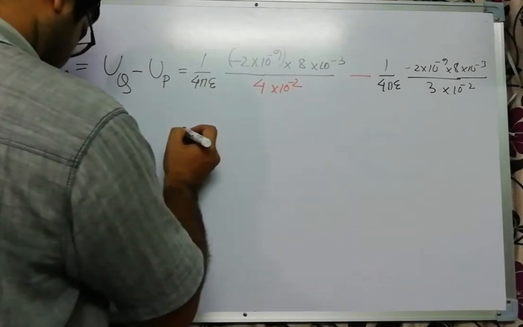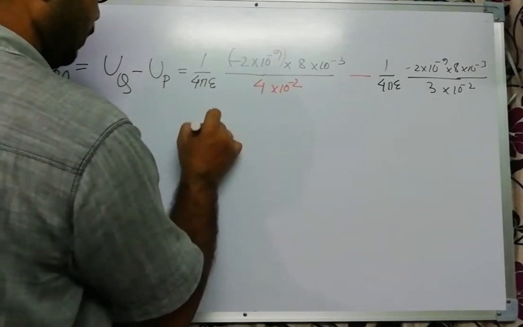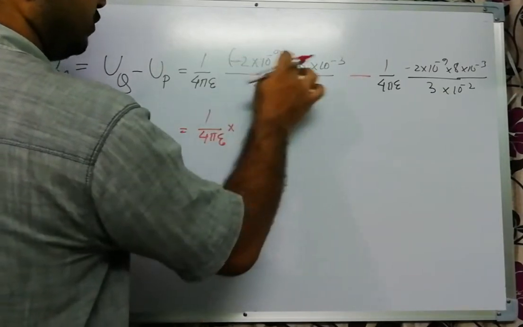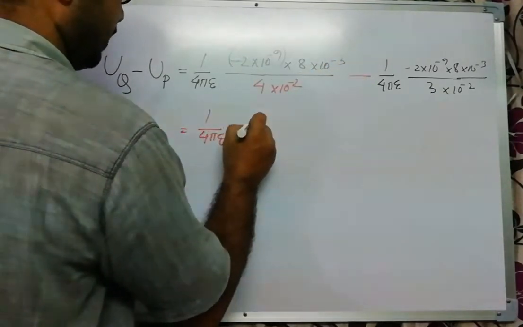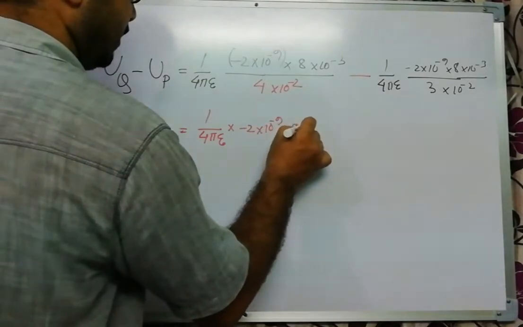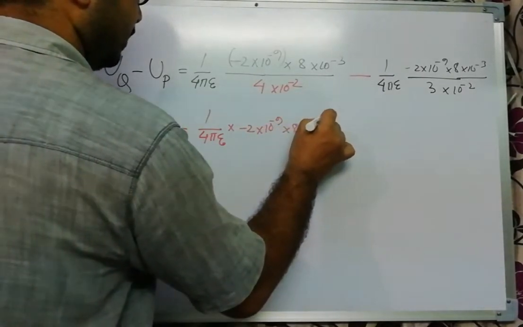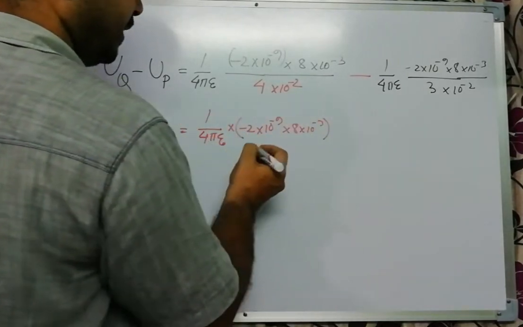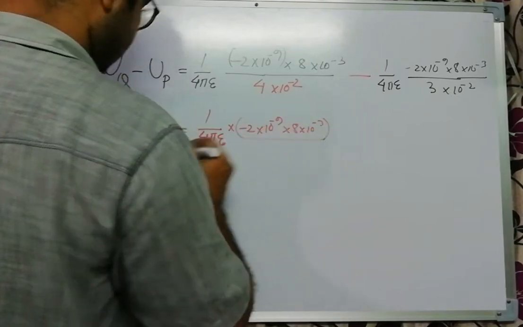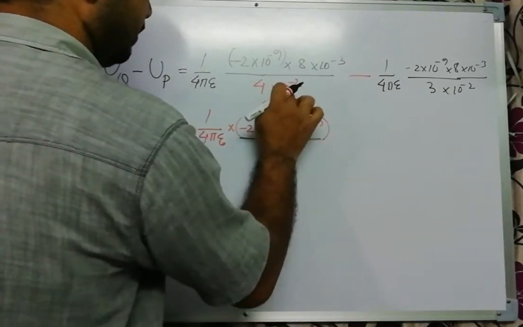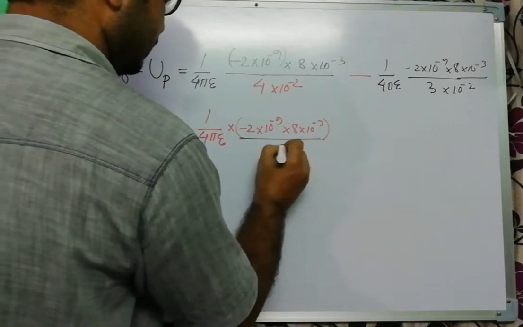What are the terms we can take out? 1/4 pi epsilon naught, and these two charges, -2 into 10⁻⁹ into 8 into 10⁻³. These terms are common, divided by 10⁻², since 10⁻² is common.